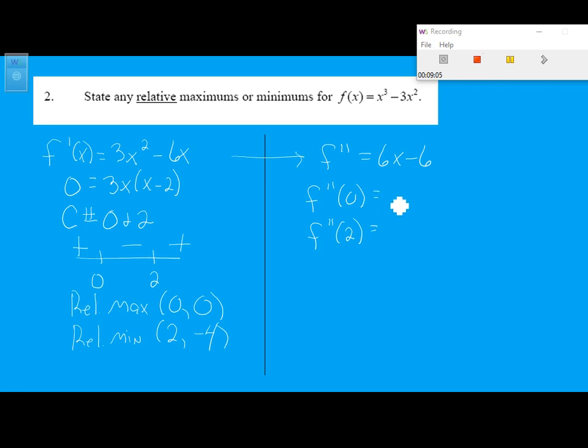When I plug in 0, I get a negative number. Tells me there's a relative max at 0, and in this case we know it's 0. And when I plug in 2, I got a positive number, which tells me there's a relative minimum at 2, and since we did that over here, I know it's negative 4.